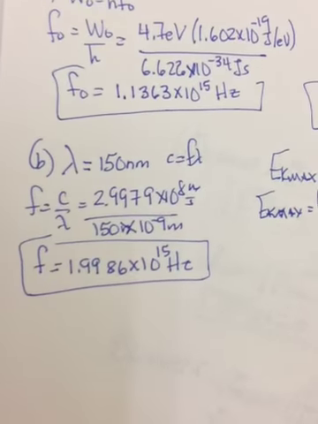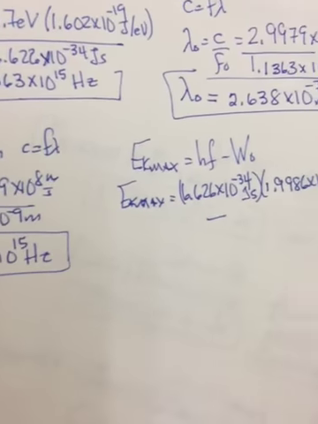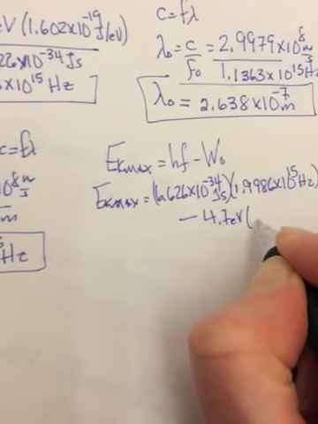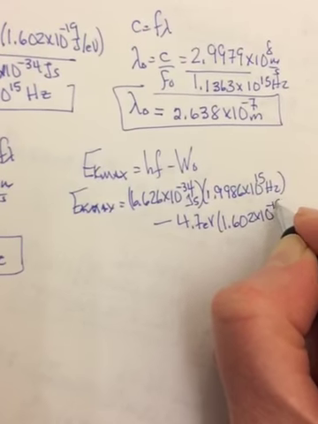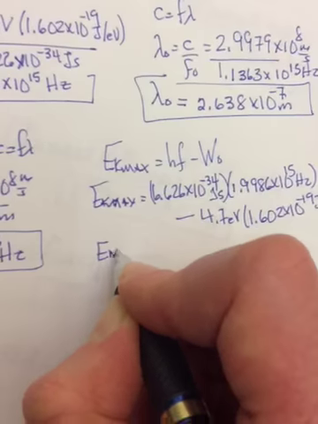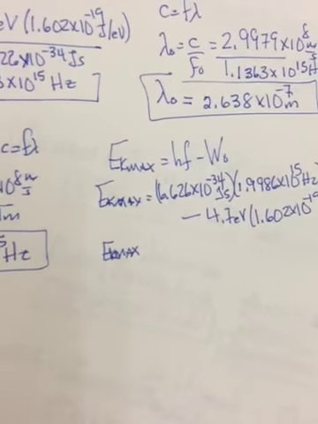So if we go back, somewhere we had a WO. It was 4.7 electron volts. So because I didn't write it down, I have to multiply again by 1.602 to the negative 19 joules per electron volt so that I get both in the same unit.